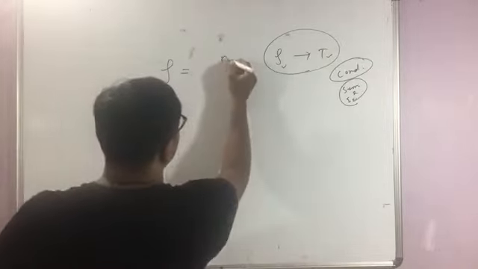Why? Try to understand. For a conductor, we have a large number of free electrons. If we increase the temperature, since there is a saturated number of free electrons present inside a conductor, the value of N, the number density, won't change appreciably.